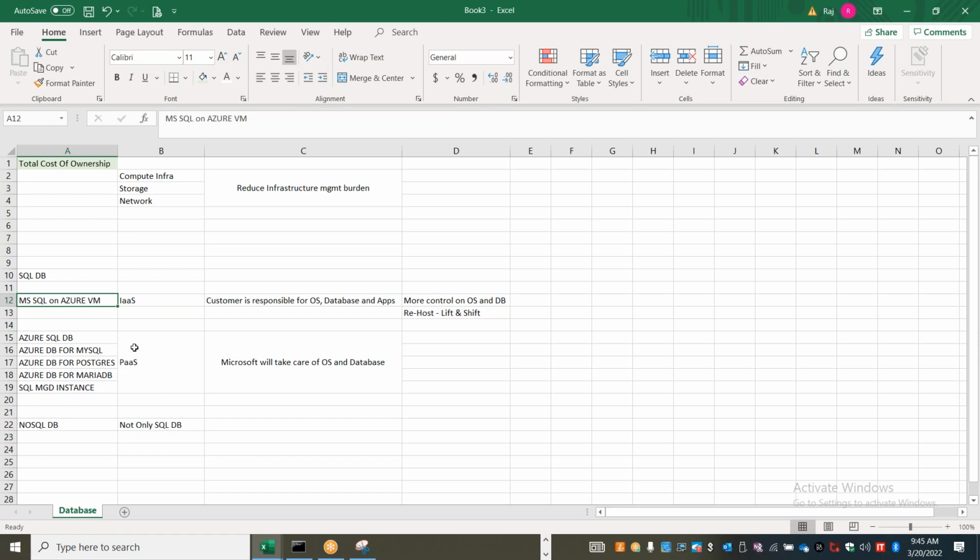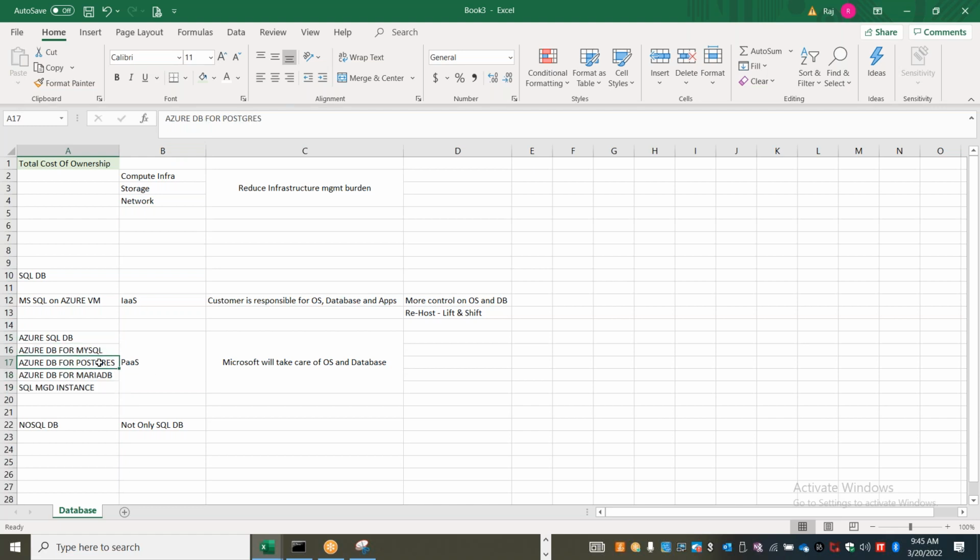But if you want to modernize it, or do some kind of re-platforming, or lift, tinker and shift, or convert it to the online Azure cloud database, then you can select any of these options based on your source database engine. So if you are using MySQL, you can select this option. If you are using Postgres or MariaDB, you can come onto this platform.